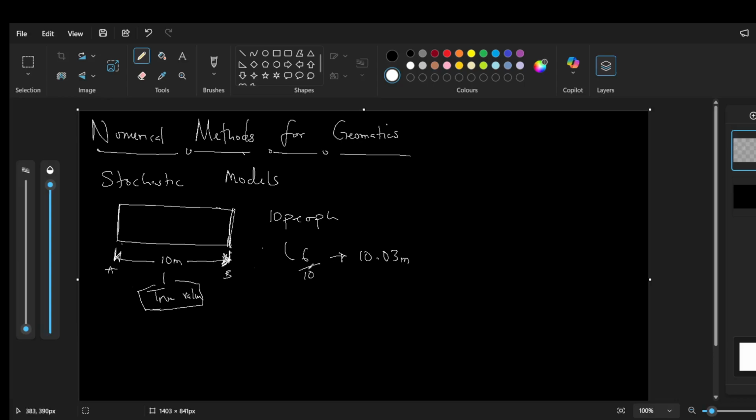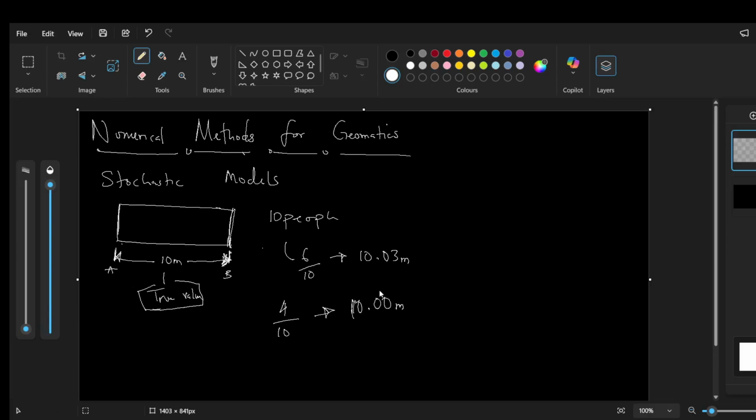So all 6 people, each with their tape measure, measure this true value, that's 10 meters, as 10.03 meters. So 6 people have this measurement. Then of the 10, 4 out of 10 measure it as 10.00 meters.